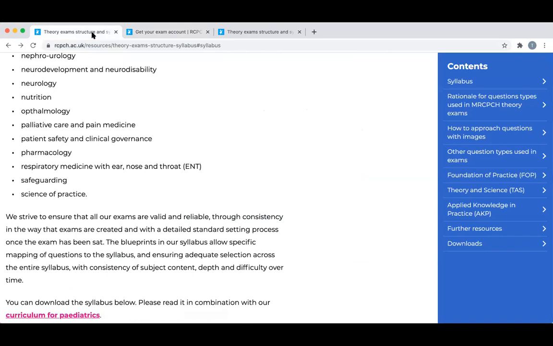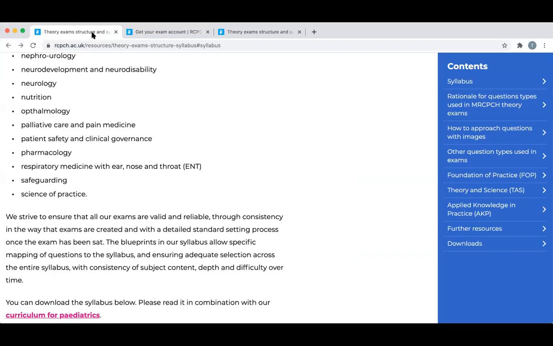For DCH, actually, I have no idea about DCH, but I know that for DCH FOP it is the same syllabus. After passing that FOP, you can go for the DCH clinical exam. But the main point is that with the DCH clinical exam you cannot get registration by GMC. For GMC registration, you need to pass either PLAB or MRCPCH.